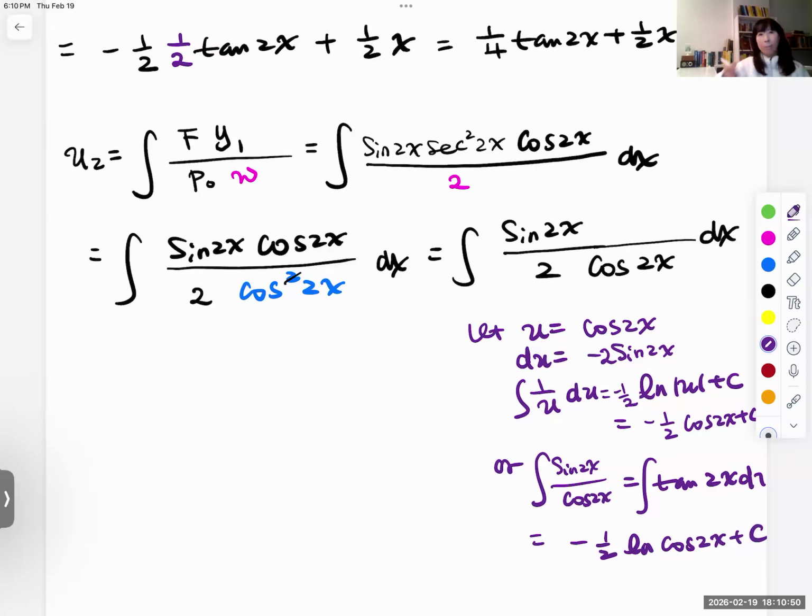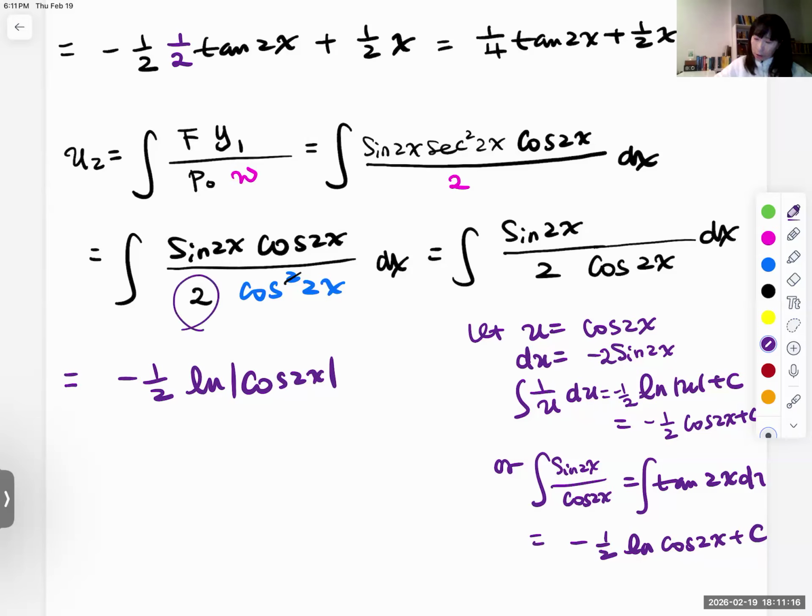Yeah. Either one, it's okay, right? So we get, the answer is negative 1/2 natural log cosine 2x. But then we have 1/2 there. So let's use that. Negative 1/4 ln cosine 2x. Okay, so almost done.